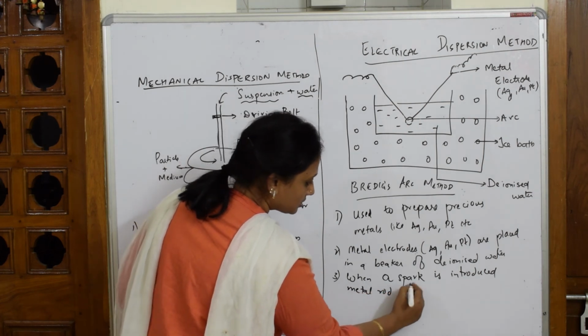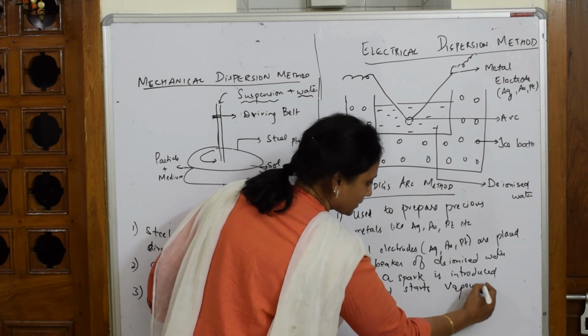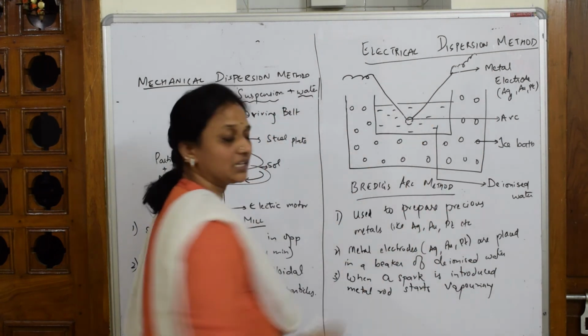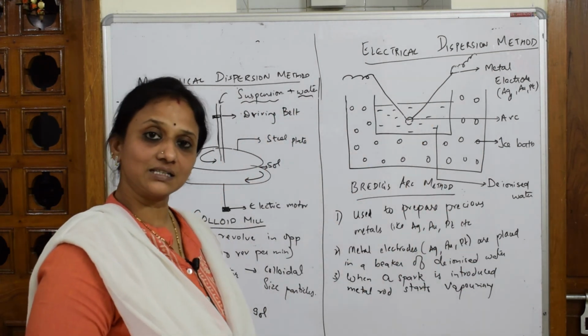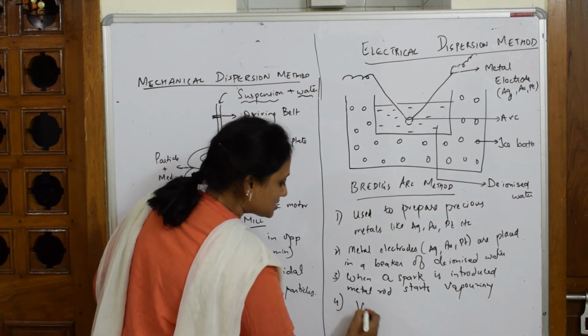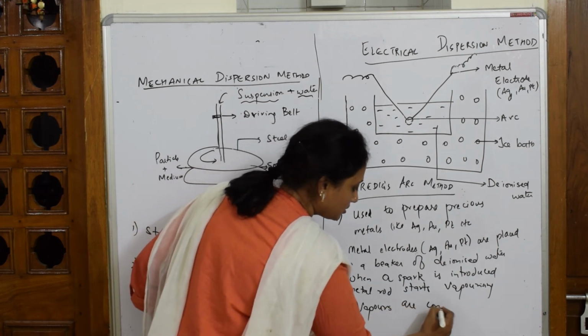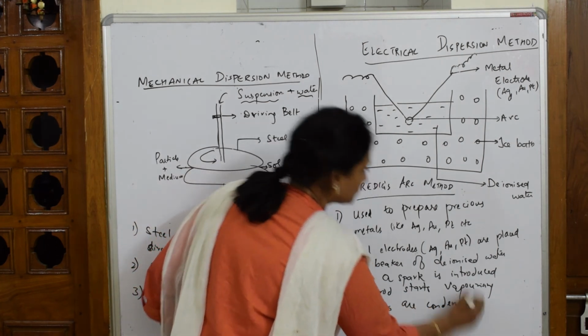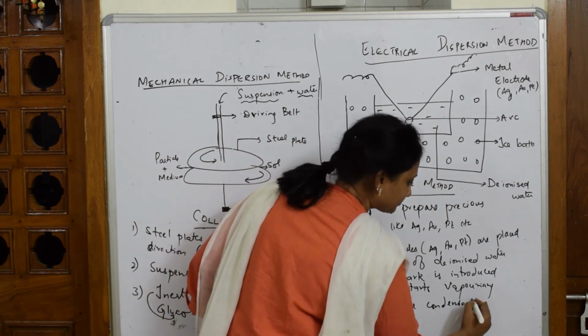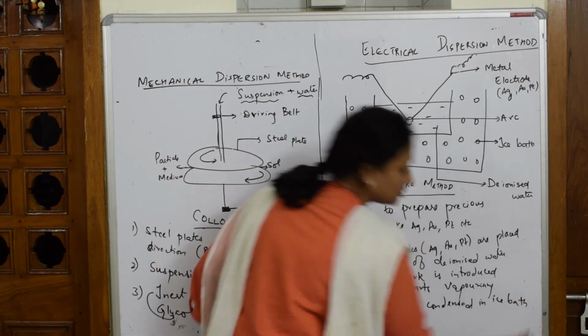Okay, this is also done. Then how should I collect the salt? The vapors are condensed in the ice bath. This is your ice bath, isn't it? Condensed in ice bath. Right, simple.